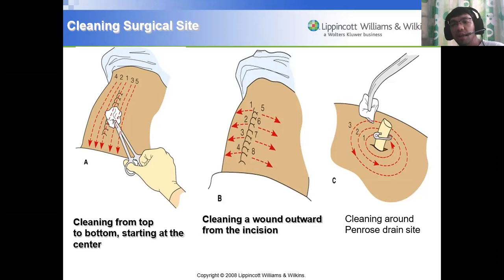Or if there is a Penrose drain, most especially if the patient has undergone GI surgery, you need to clean around the Penrose drain site. It should be around, and you can clean it either clockwise or counterclockwise. It doesn't matter. But it should be starting from the inner to outer portion of the incision site around the Penrose drain site.